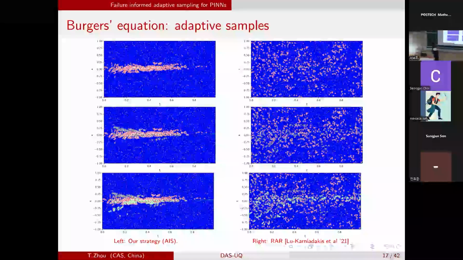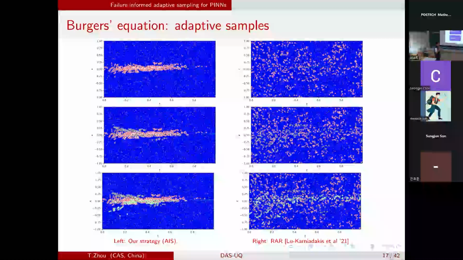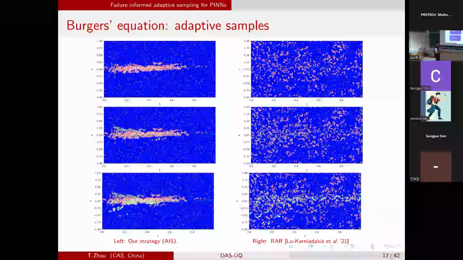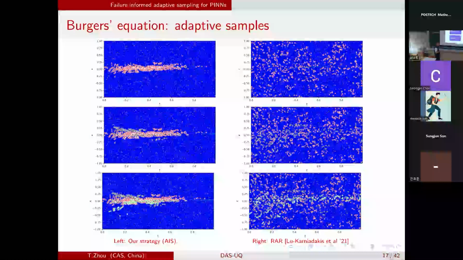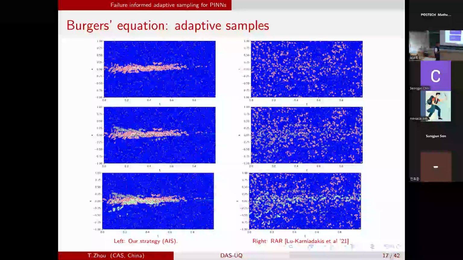This is the example I just presented. In the beginning, you begin with this kind of initial training points. With these points, you train the neural network to obtain the approximate solution and the approximate residual, right?